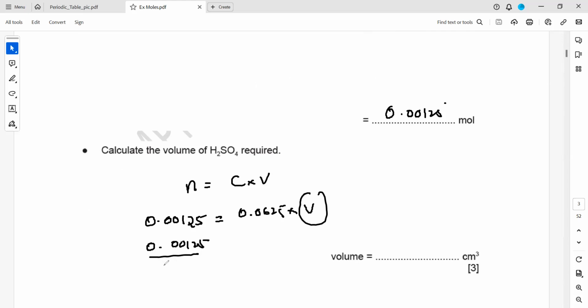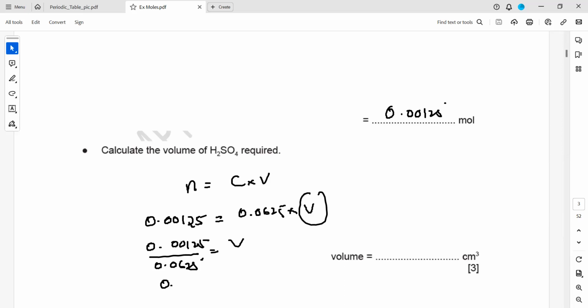So this will be 0.00125 divided by 0.0625. We'll get the volume, but that volume will be in decimeter cube, because whenever you use the formula it gives you the answer in dm cube. But the final answer must be in cm cube, as it is given. So when 0.00125 is divided by 0.0625, what's the answer? 0.02.